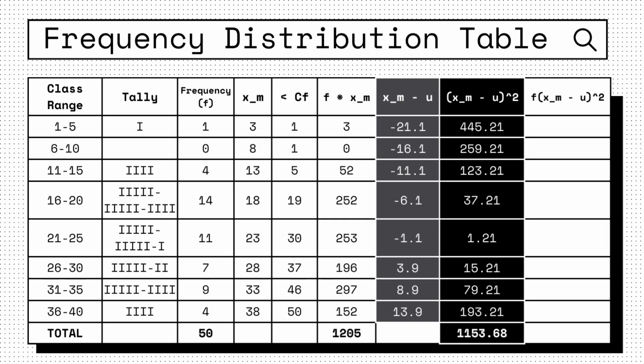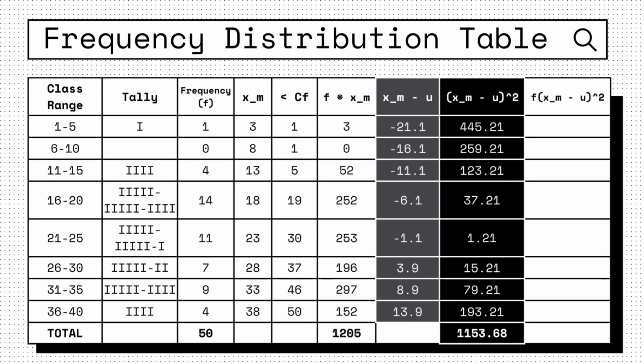123.21. For the fourth one, we have negative 6.1 squared, which is equal to 37.21. For the fifth, we have negative 1.1 squared, which is equal to 1.21. For the sixth, we have 3.9 squared, which is equal to 15.21.